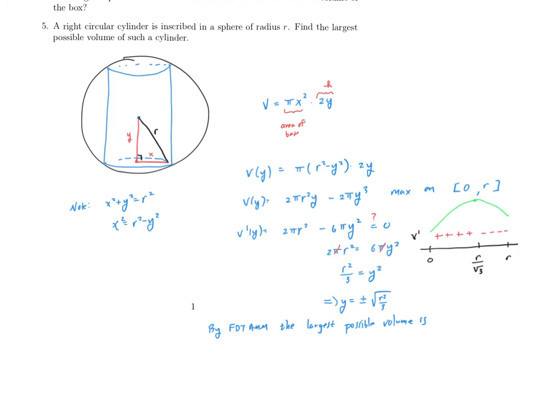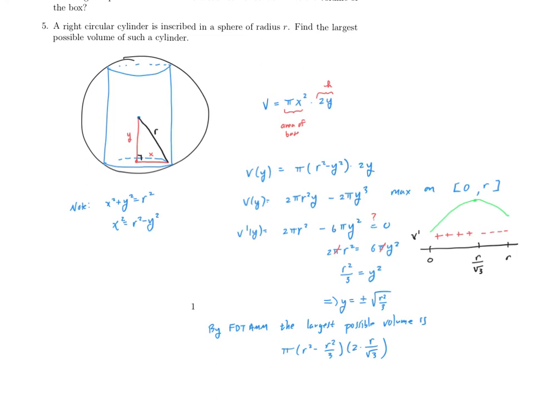So we would have pi times r squared minus y squared, where y squared is simply r squared over 3, multiplied by 2 times y, which is r over the square root of 3.